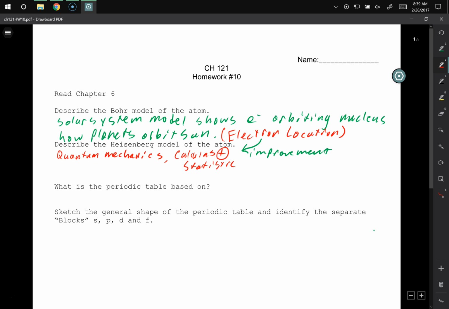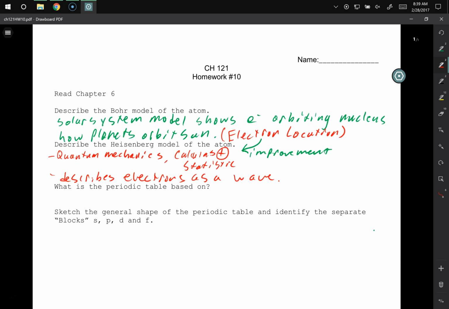We have calculus and statistics, and he adds those two things together. Describes electrons as a wave.